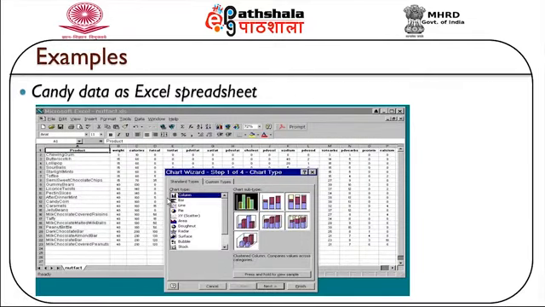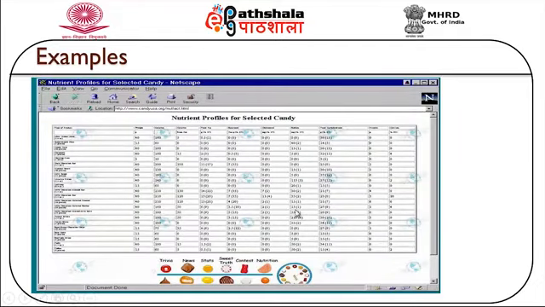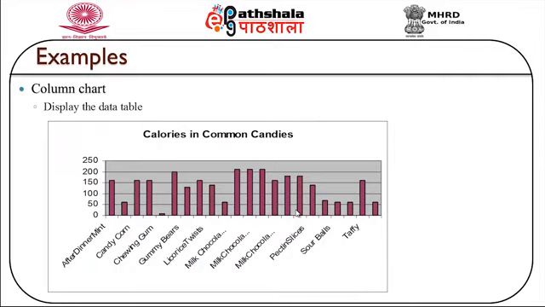The next one is an example of the candy data, which can be represented as an Excel spreadsheet where you have the various candies with the various features of the candies being represented, and which can be visualized in the form of some kind of bar chart and things like that. So these are various examples of the tabular data as such.